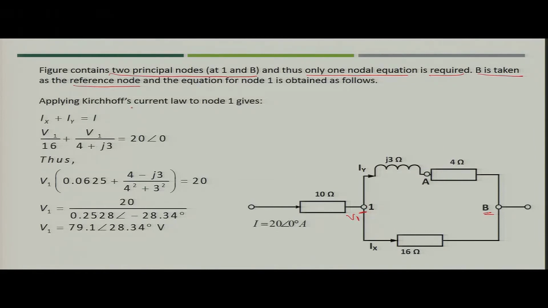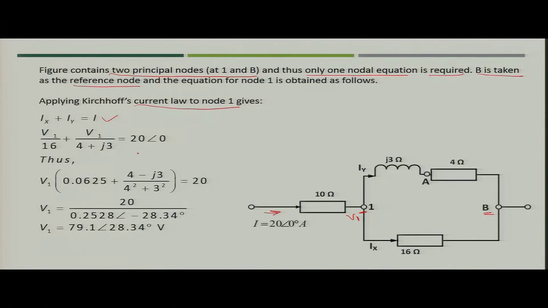So, if you apply Kirchhoff's current law at node 1, what will happen? This current is IY, this is IX and this current is I. So, I is going in, IX and IY are coming out. So, I would be equal to IX plus IY. Now, what you have to do?